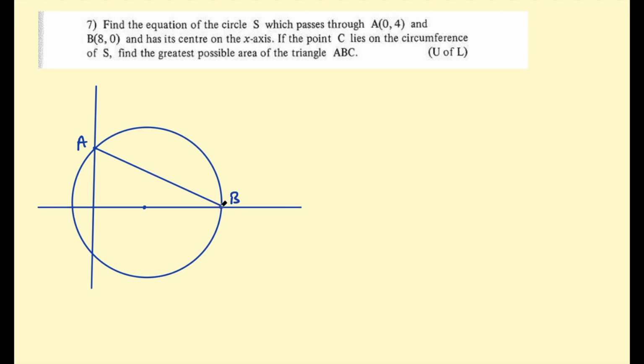Okay, how do you create a triangle with the greatest area? What has the greatest height? So if I drew this triangle over here, let's think of AB as the base. Would that be the greatest area? Or can I create a triangle with a greater height? What if I drew this triangle?